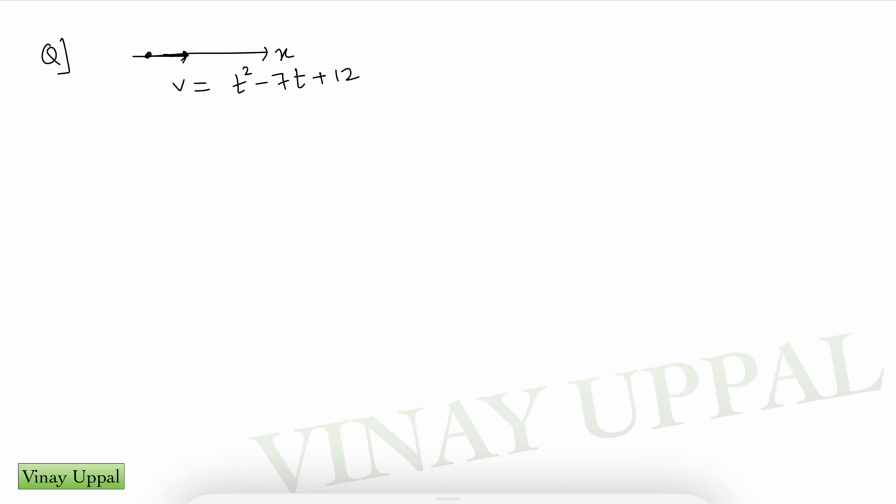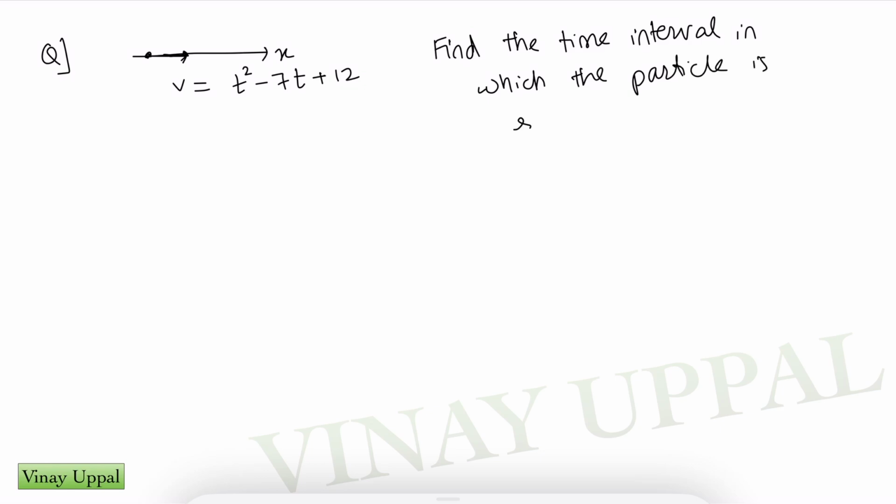So this is the particle's velocity given to us, and the question is asking: find the time interval in which the particle is retarding. Alright, so the question is asking us to find those particular time intervals in which the particle is retarding.